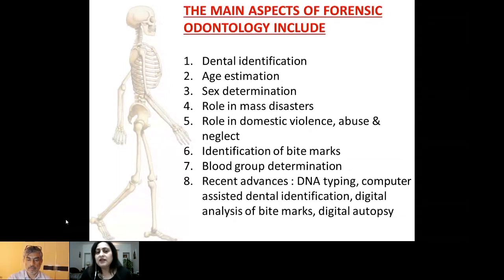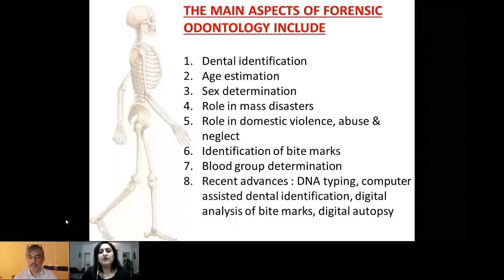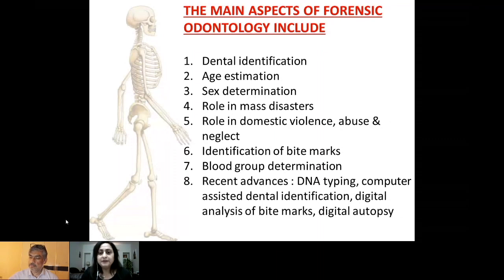Dental identification is possible through the X-rays, antemortem and postmortem. If X-rays are available, that is how it is done. Sex determination: the teeth that we find in males and females are different, and they have certain specifications, so sex determination is also possible.